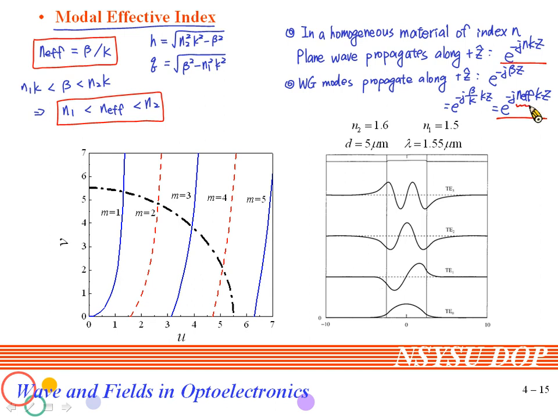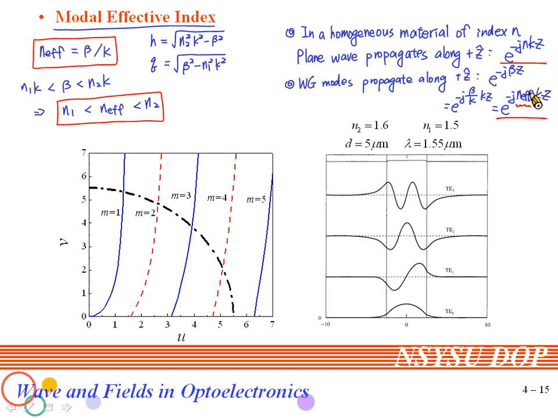Okay, let me say it again. As the waveguide mode propagates on the optical waveguide, it will be just like a plane wave propagating in a homogeneous material of index NEFF.